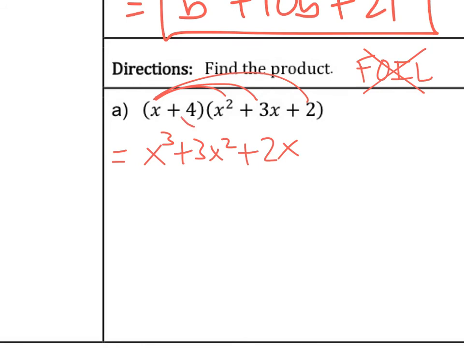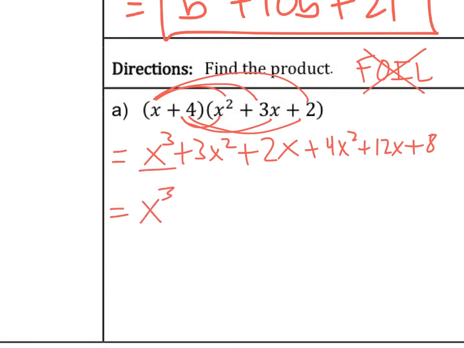Now distribute the 4. 4 times the x squared. And we're just listing them out rather than drawing the picture. 4x squared. 4 times 3x, 12x. 4 times 2 is 8. All right? Now, let's combine like terms. We've got x cubed. There's only one term that's an x cubed. I like to underline my terms as I take care of them.